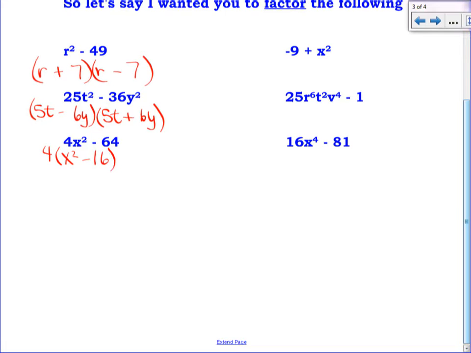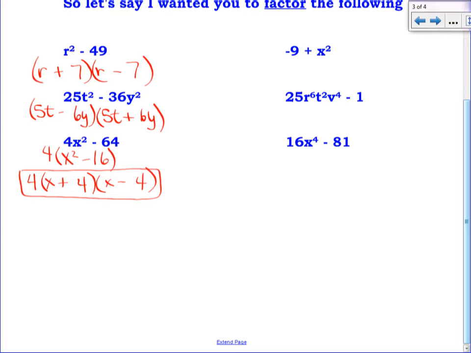Divide by 4. Okay, so now we have this 4 out front, but we can factor what's left in the parentheses just like we were doing up here. So what would we get when we factor x squared minus 16? Square root, and then one's plus and one's minus. So when you take a GCF out, it's part of your answer, so you need to leave that in with your parentheses. So this chapter is all about kind of working backwards.